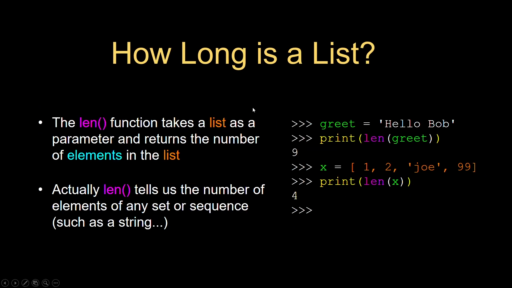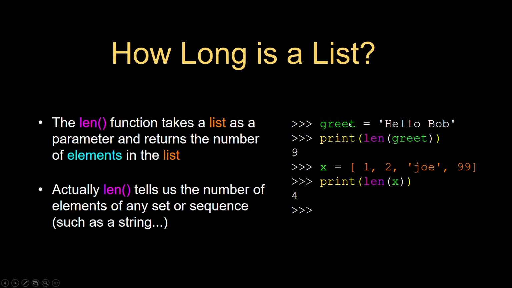Anyway, there are several functions we can use with a list, as well as many of these functions apply to other types of data. For example, len, L-E-N, is a function that can be applied on a string.